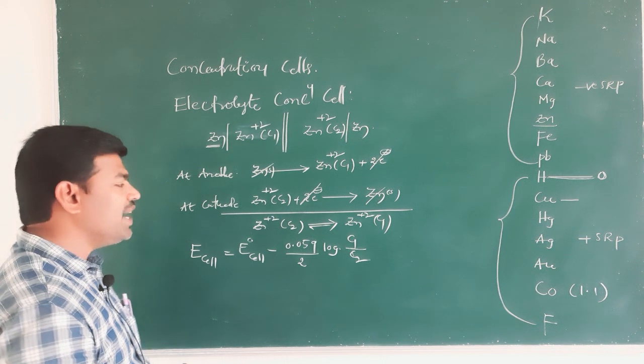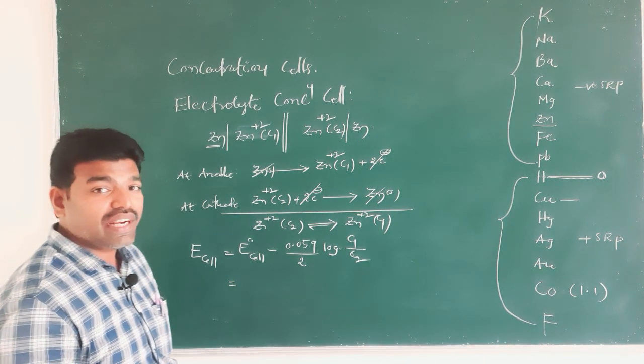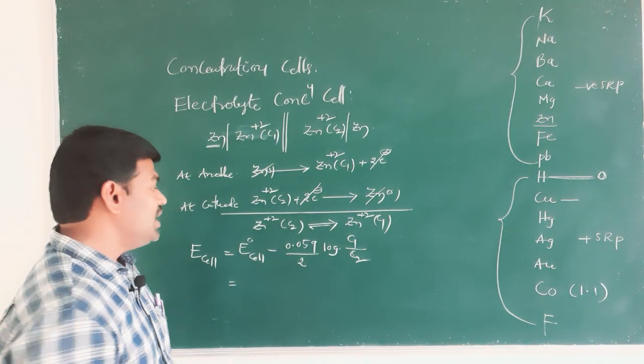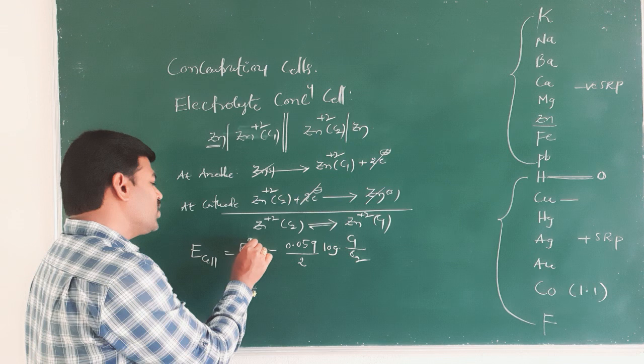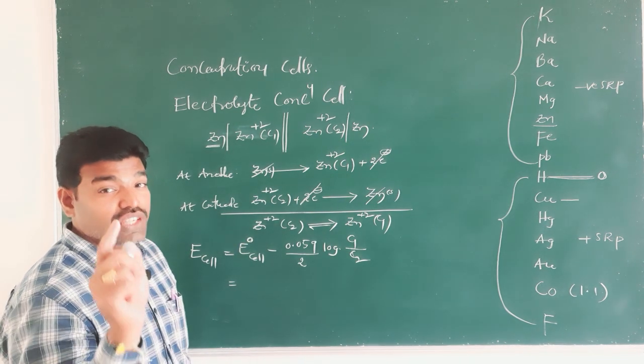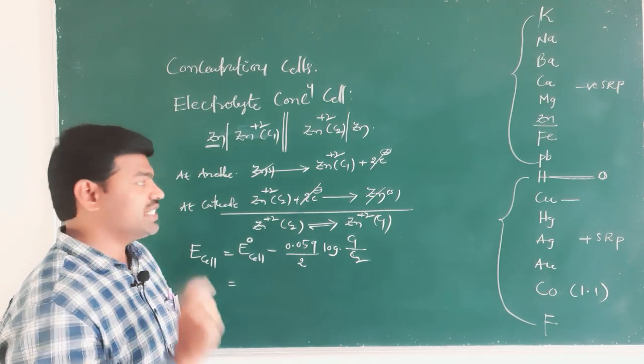One most important point in concentration cells is that E naught cell is 0. Why is E naught cell 0 in concentration cells?